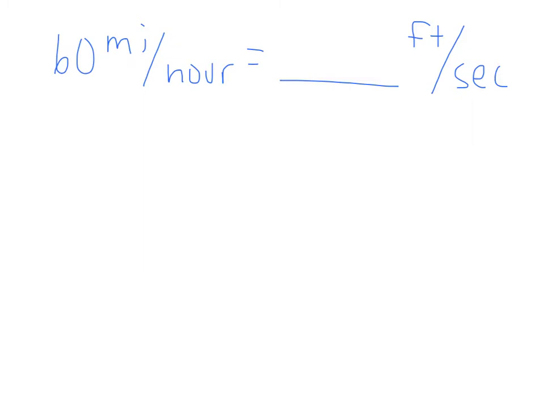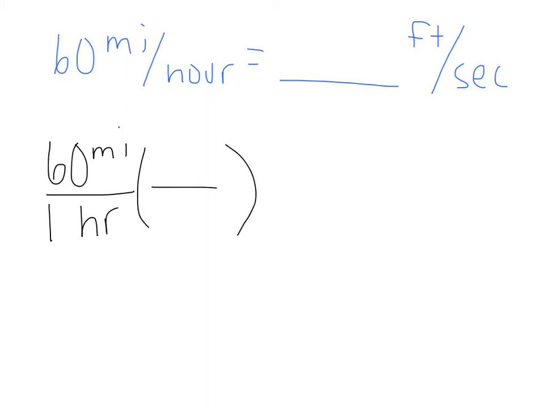Okay, so we start off here. This is very similar to what we've already done. Okay, but we're going to have 60 miles over 1 hour. So we're going to go 60 miles in 1 hour. Draw your parentheses next to it, just like we have been. And let's get rid of the miles first. So we're going to put miles on the bottom, and miles is going to convert to the feet.